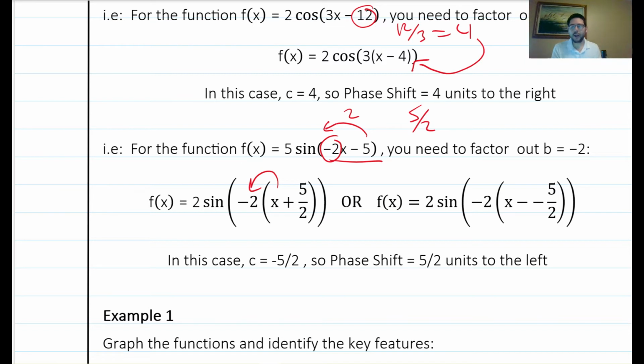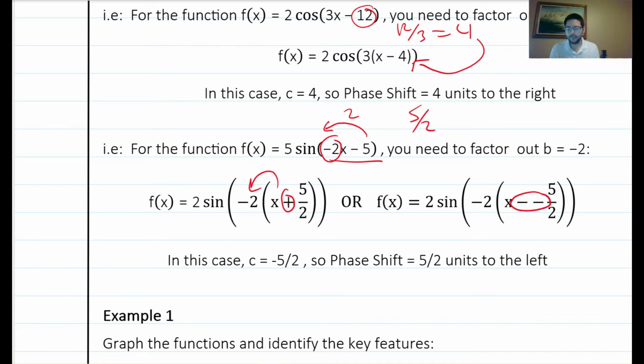All right. So now notice that since you're pulling out a negative from a negative, that makes it a positive. And that's why we got a positive right here. So it's just 5 over 2. Just convert it to a fraction, and that's your phase shift when you pull out. So we have the negative 2 out, and now this positive indicates that we have a double negative situation going on.